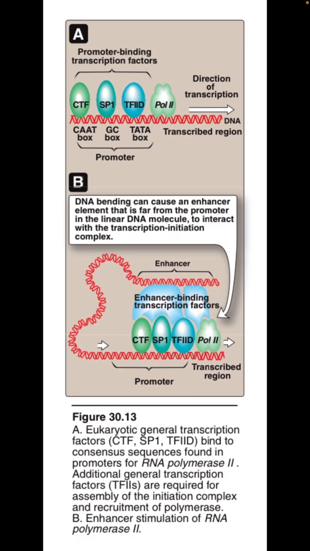We are going to start the binding of polymerase 2 with the promoter regions, which are the consensus sequences present in close proximity at the upstream region of the DNA in the form of the TATA box, GC box, and CAT box. So DNA binding can cause an enhancer element that is far from the promoter in the linear DNA molecule to interact with the transcription initiation complex.